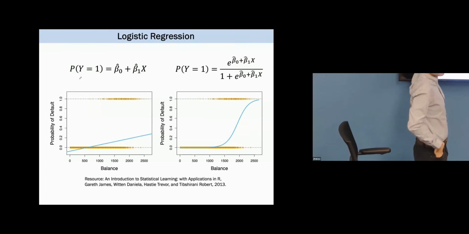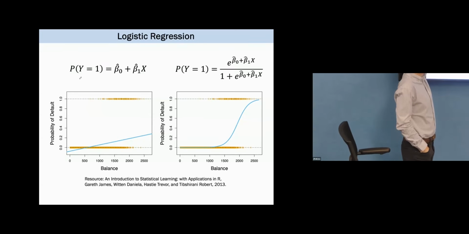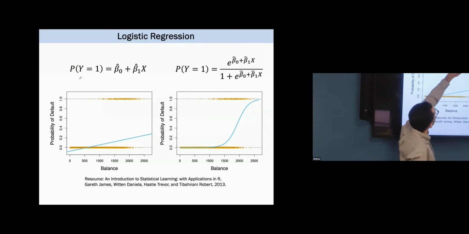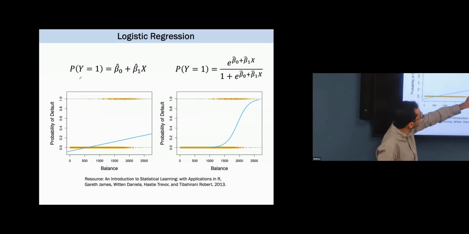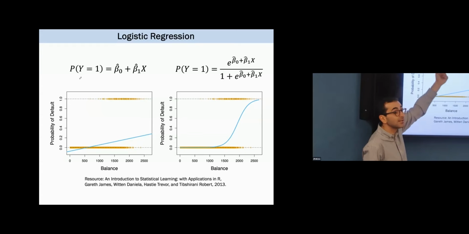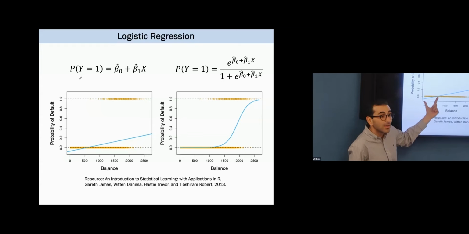I'm modeling the probability of y being equal to 1. That's what I get anytime I have a binary output. And then you can see that now if I fit the linear regression, I can make predictions that are negative here. But how is that possible for a probability, right? It does not really make sense to have a negative probability in this case.